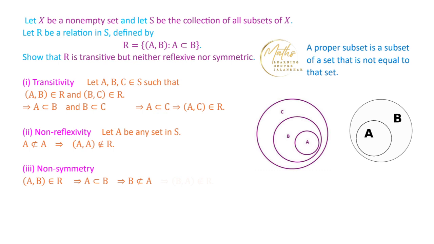The condition we have is A is a proper subset of B. So we are saying that B cannot be a proper subset of A. So this implies that B is not related to A by this relation R. So what we have obtained, that for A comma B belongs to R, B comma A does not belong to R. So we are saying that this relation is not a symmetric relation.